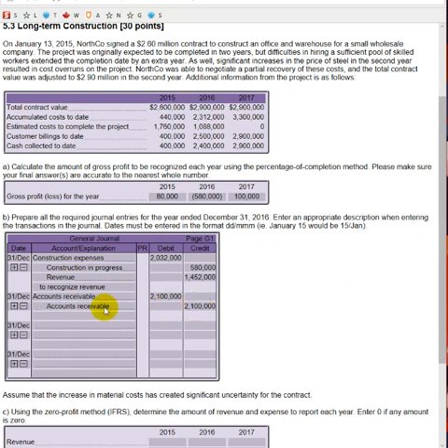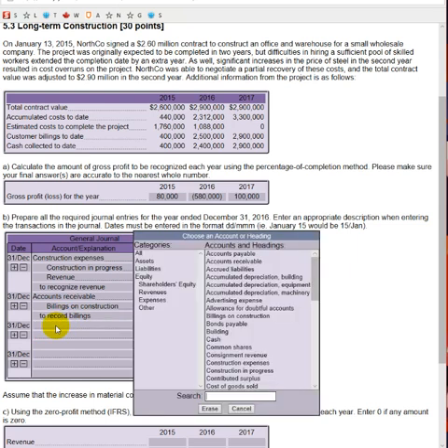But of course, that's not accounts receivable. That's billings on construction. So that's essentially our unearned revenue, or our deferred revenue, that we're going to settle up with when we get to the end of the project. And this is to record billings. Then, of course, we collected some of that accounts receivable, so we got some cash.